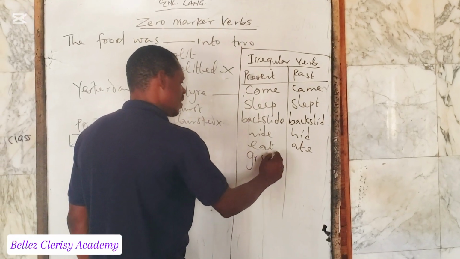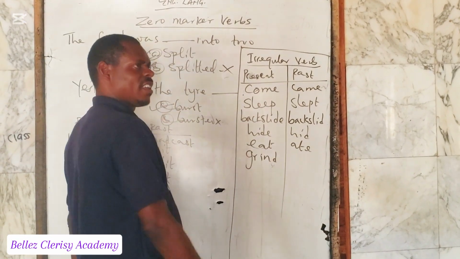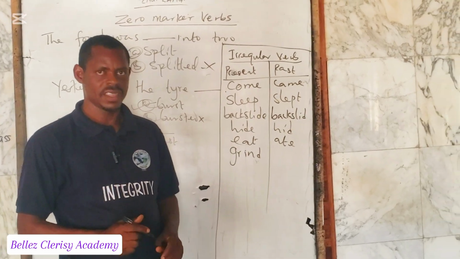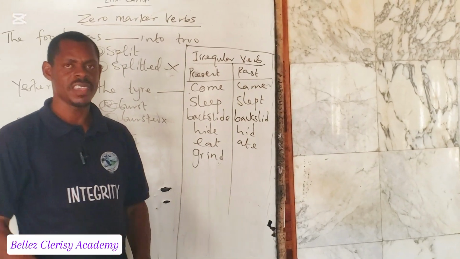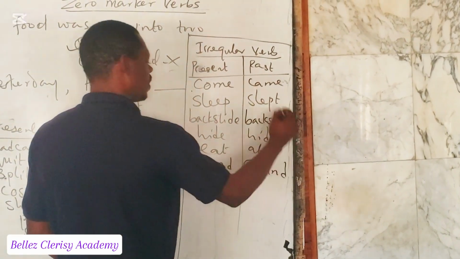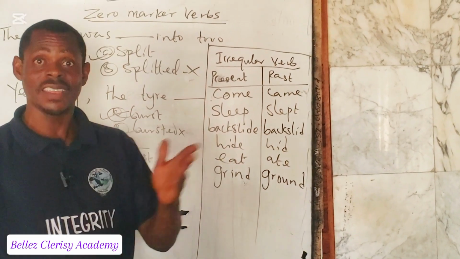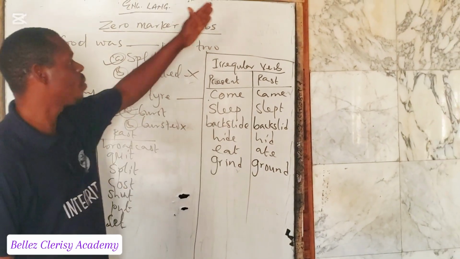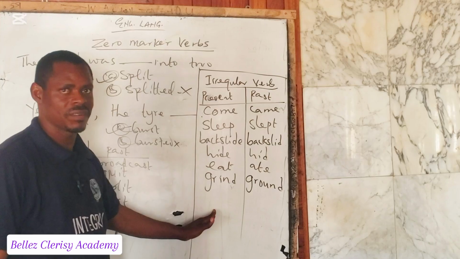Grind. The pepper was ground. I know some people will be saying grinded. The word grind is not a regular verb, it is an irregular verb.